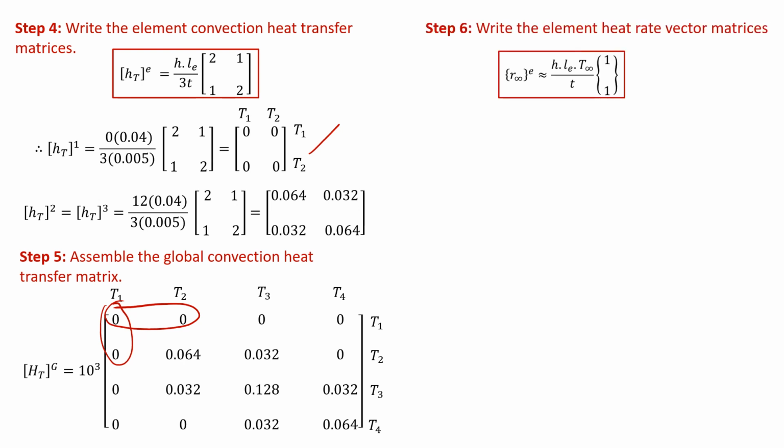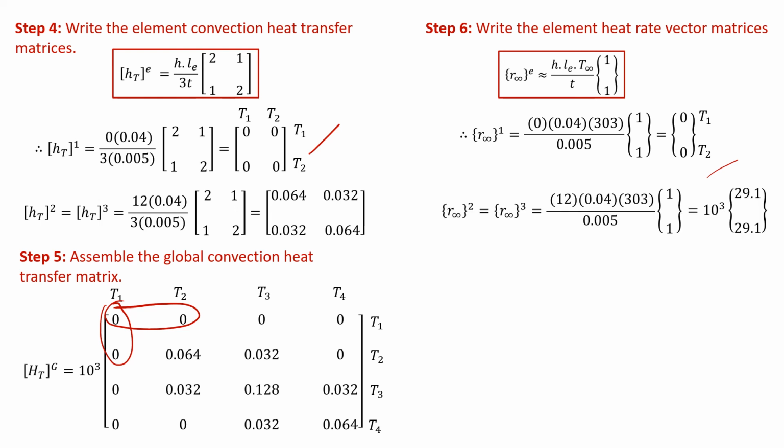Next is to determine the element heat rate vector for each element. Similarly, for element 1, since it is not exposed to the convection process, the heat rate vector for element 1 will be 0, as shown. For element 2 and element 3, the heat rate vector will be the same, as they are exposed to the same convection process and have the same length and thickness.